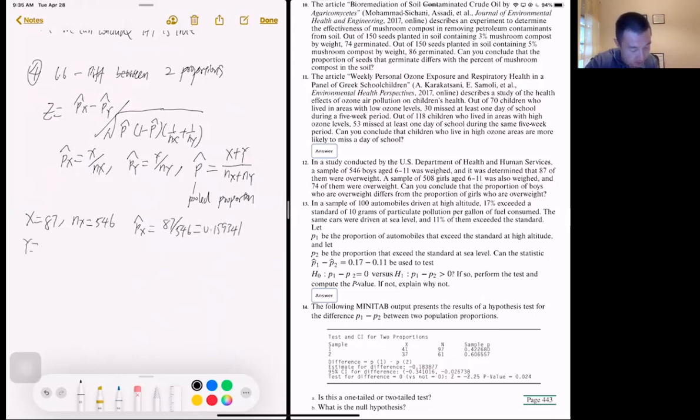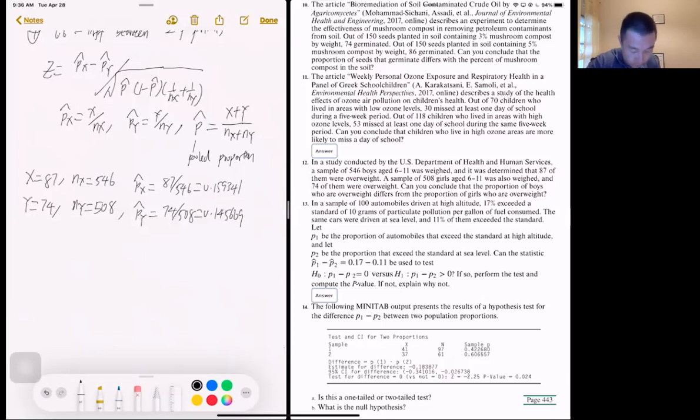For the girls, 74 overweight, total girls 508, giving the proportion of girls overweight. Then we need to calculate the pooled proportion. The pooled proportion is 87 plus 74 over the total.